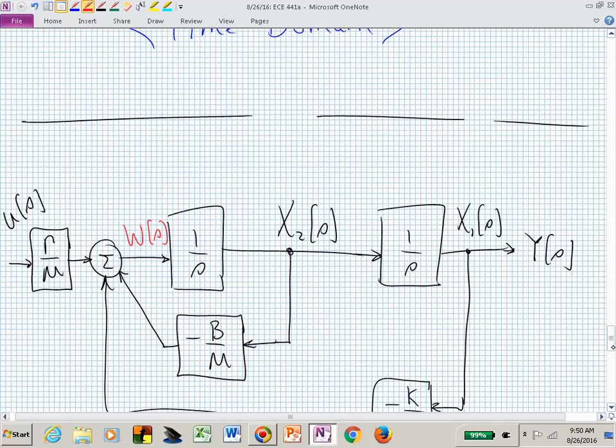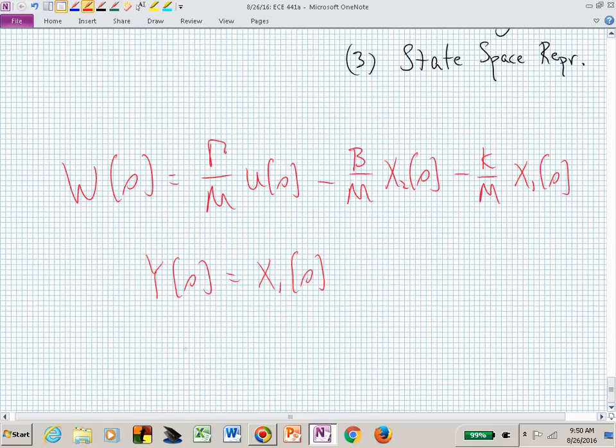How are x1 and x2 related? x1 is 1 over s, so x1 of s is 1 over s times x sub 2 of s, which means that y of s is in fact 1 over s times x sub 2 of s.